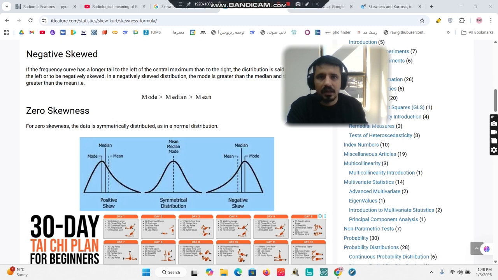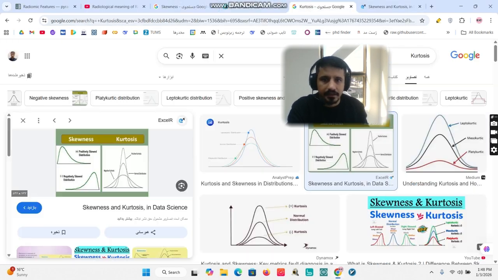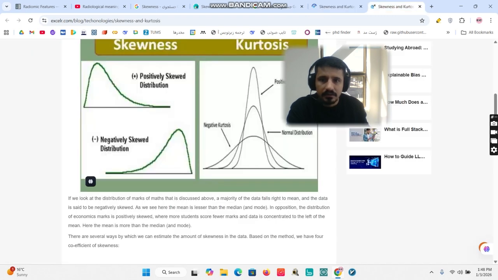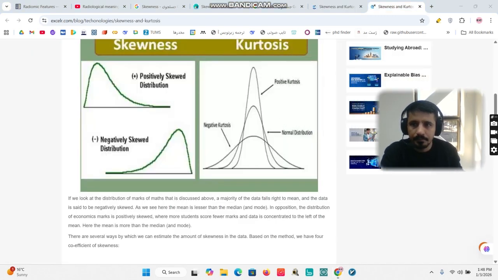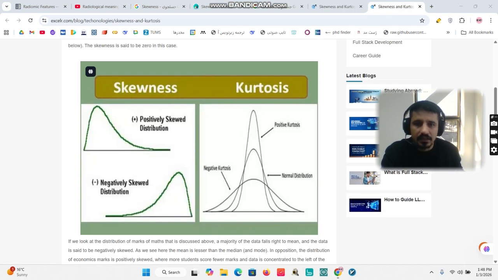And about the kurtosis, you can see it here. If we compare to the normal distribution, if the highest peak is higher, it means more values are distributed around the median.